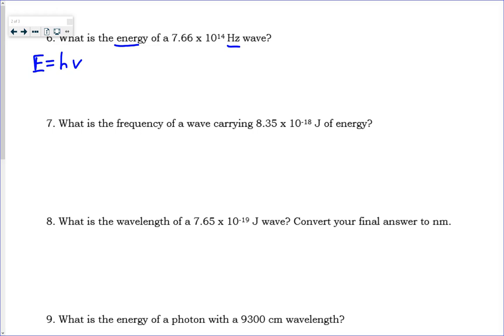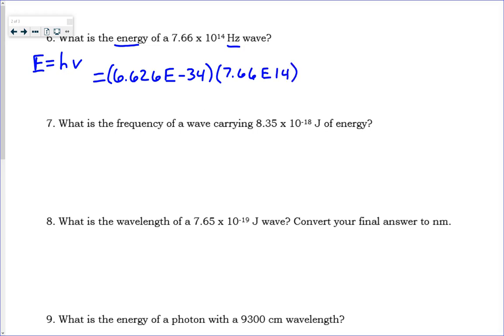So this is going to equal 6.626 times 10 to the negative 34th. That is Planck's constant, that's always the same, times our frequency here, which is 7.66 times 10 to the 14th.